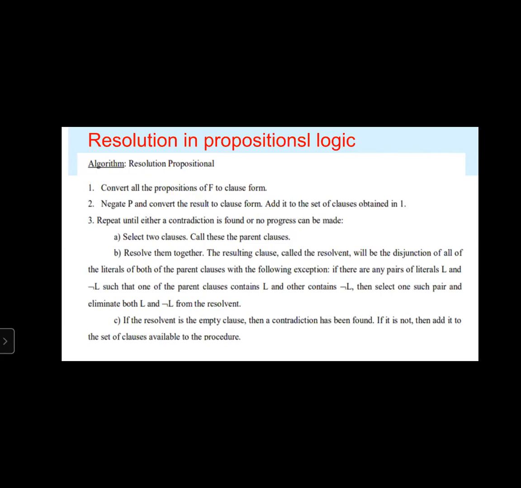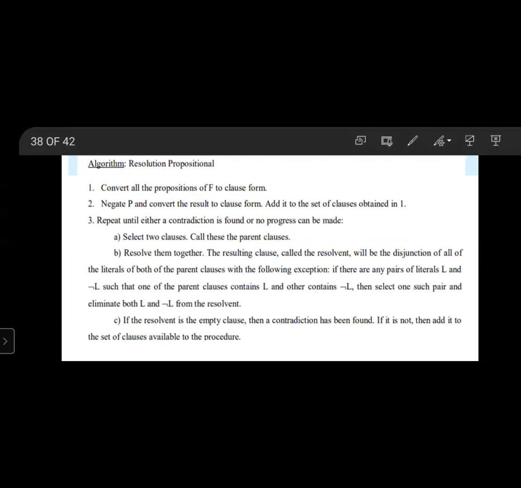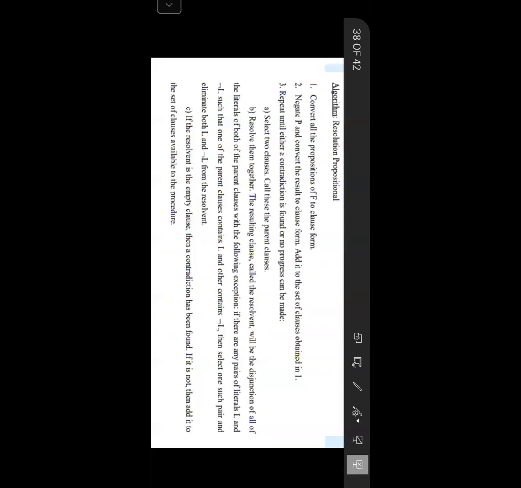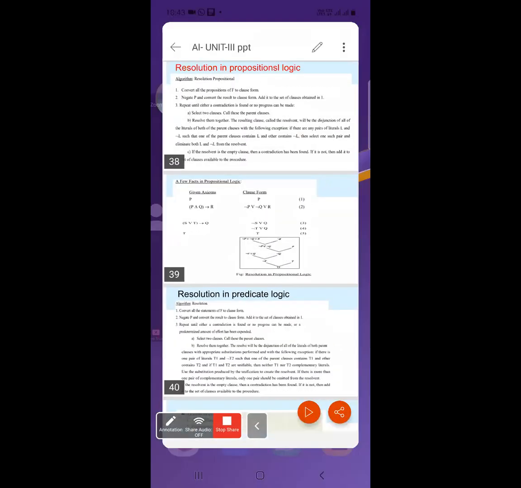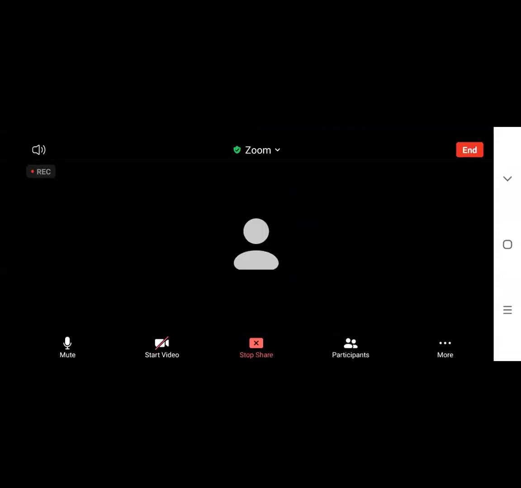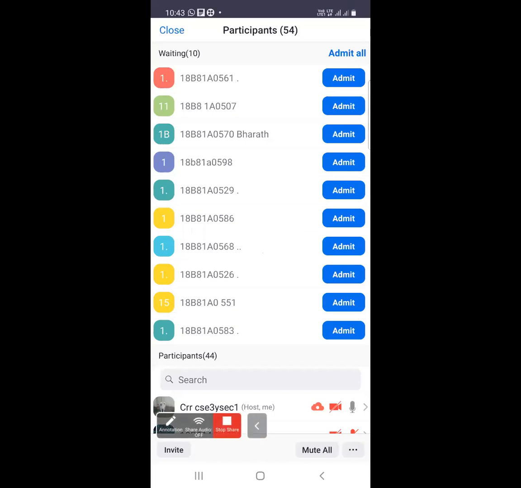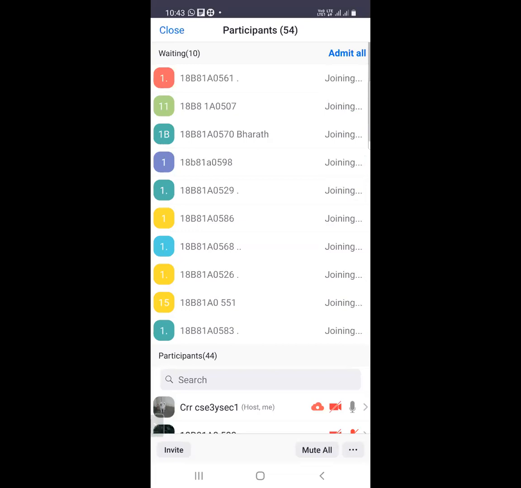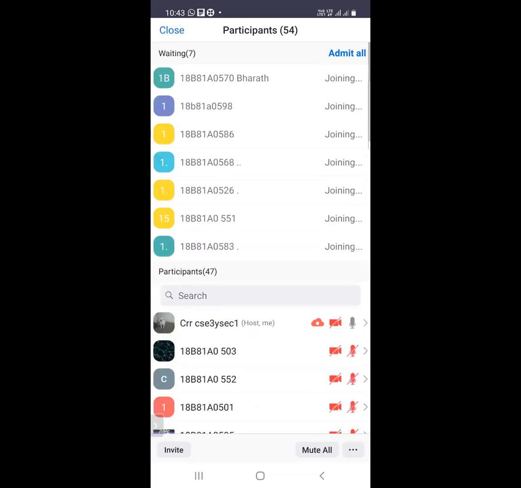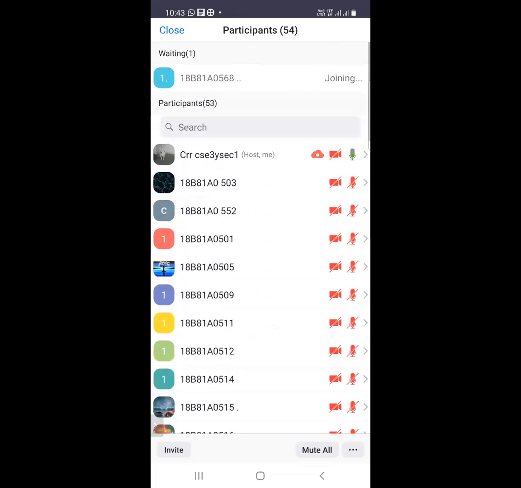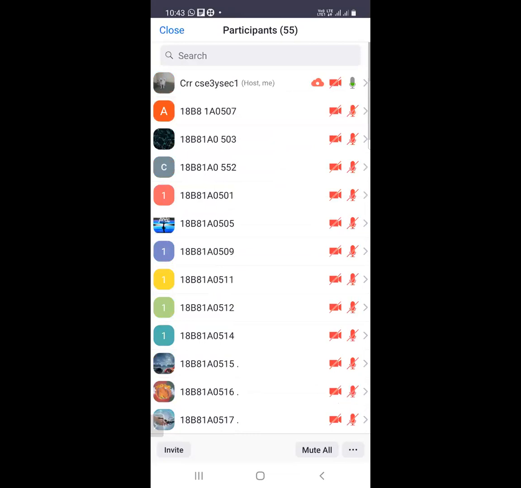For example, find the resolvent of the clauses in the set A or B, not A or B, C or not B. Here the method of resolution is shown in the figure.